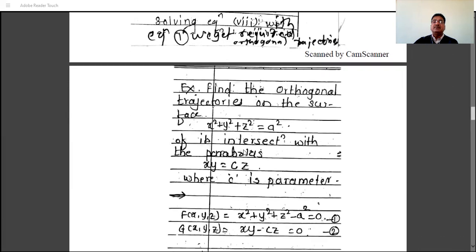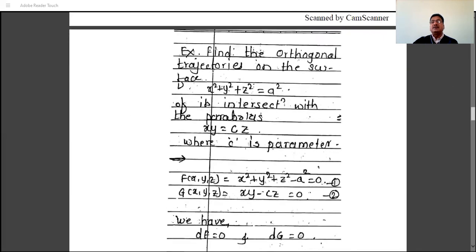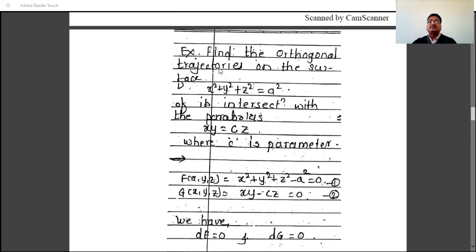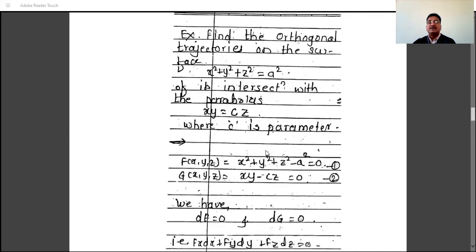So examples are important as far as the exam is concerned. These examples of orthogonal trajectories are important. Find the orthogonal trajectories on the surface x² + y² + z² = a² of its intersection with the curves xy = cz, where c is the parameter.